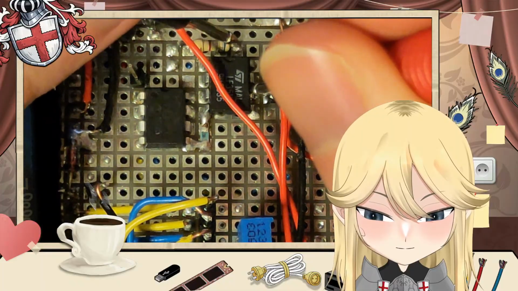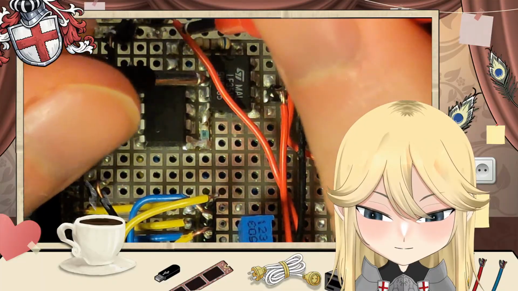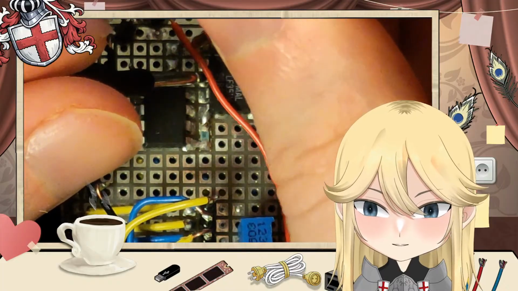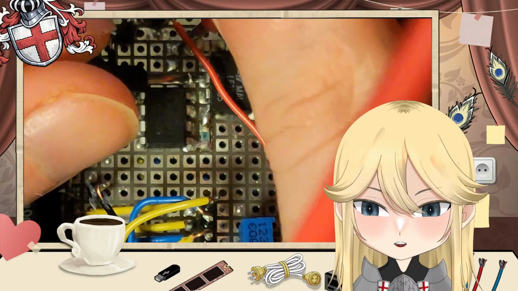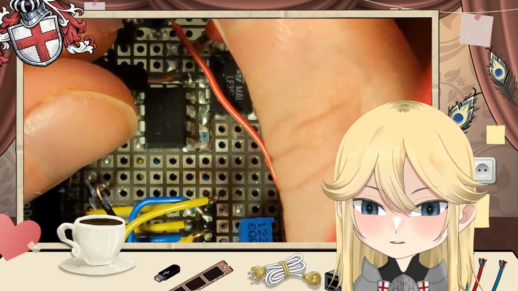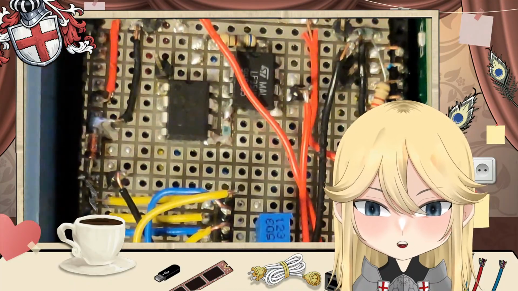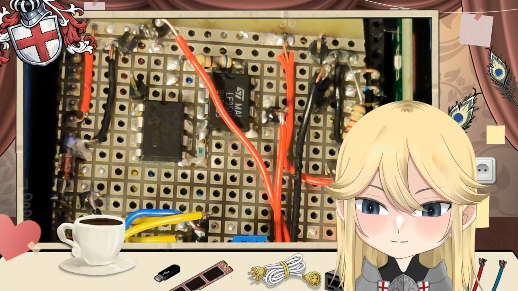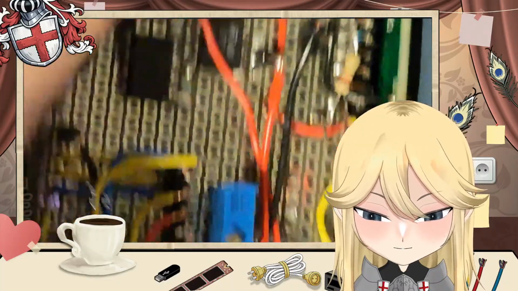Like, this needs to be connected to this. It is. And this to this. Don't think it is. Why no? Let me check the schematic again. No, these two should be connected. Okay, we need to disassemble the thing again.